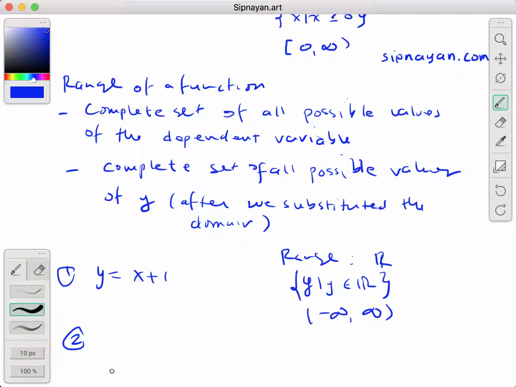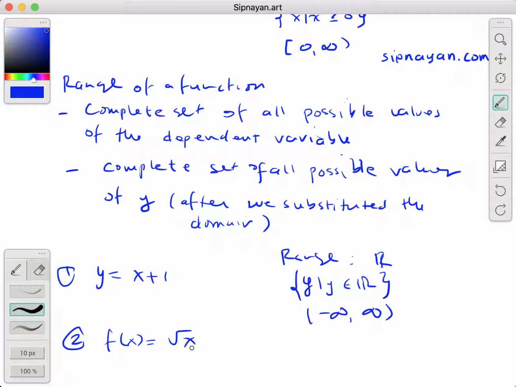And number 2, f of x, natatandaan nyo, equals square root of x. Pwede ba tayo magkaroon ng f of x na negative pag sinubstitute natin to? Wala, di ba? Kasi sabi dito, complete set of all possible values of y after we have substituted the domain. So, ang domain lang nito from 0 to infinity, di ba? Pag nag-substitute ka ng 0 dito, square root of 0 is 0.